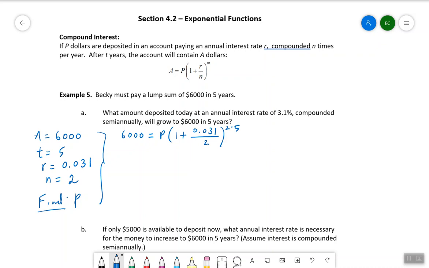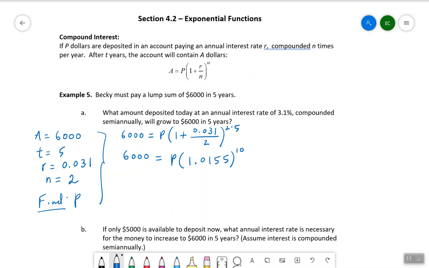So what I'd like to do is go ahead and simplify inside the parentheses. 31 divided by 2 is 15.5. So that would be 0.0155. You can do that with a calculator, and you can add 1 onto that and get 1.0155, and then raise that to the 10th power.